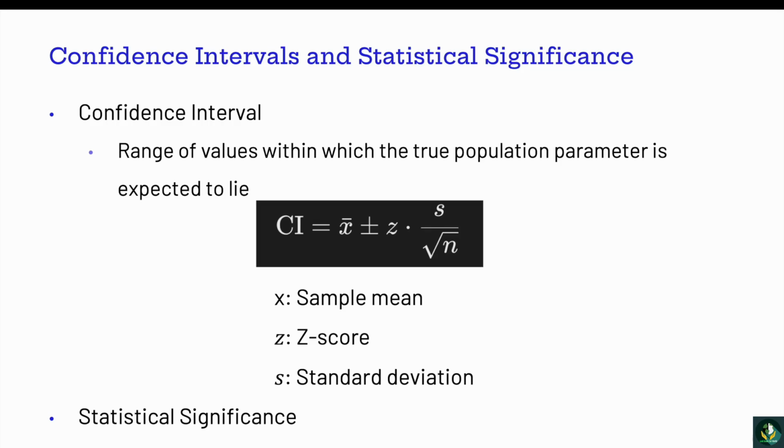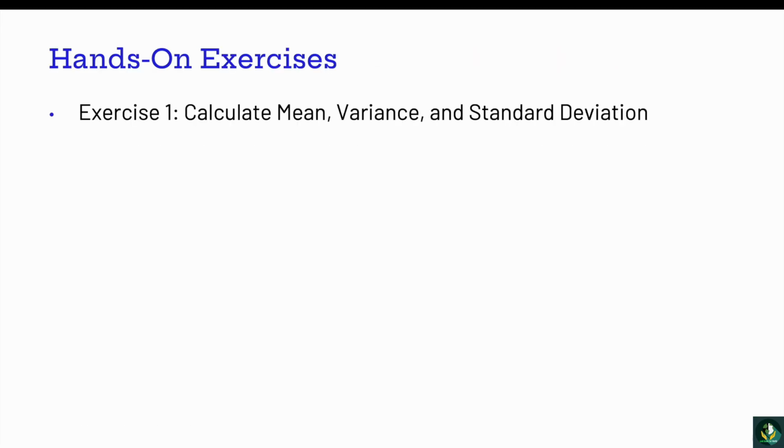So now that we've completed some of the basics and some understanding about confidence intervals and statistical significance, let's look into hands-on exercises. Our first exercise is to calculate mean, variance, and standard deviation. If you've already followed along, you can skip this, but the objective here is to compute the basic statistical measures for a data set. I'm going to use some shortcuts this time.